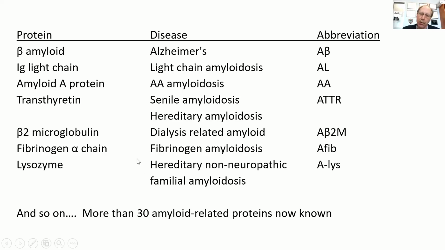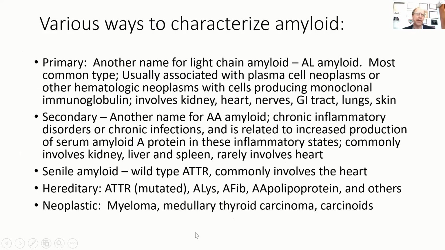That list of potential proteins keeps growing. There have been ways over time to characterize amyloid. Back when I was a med student or resident, this was sort of an obscure disease, and we diagnosed it, and that was kind of the end of things.